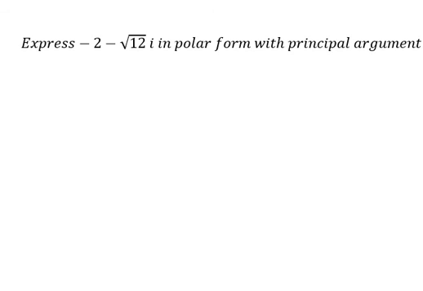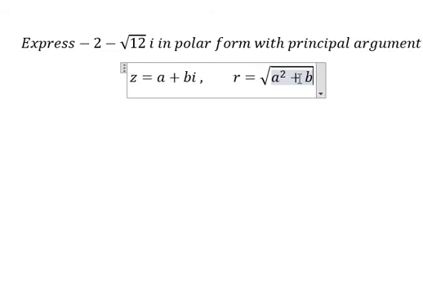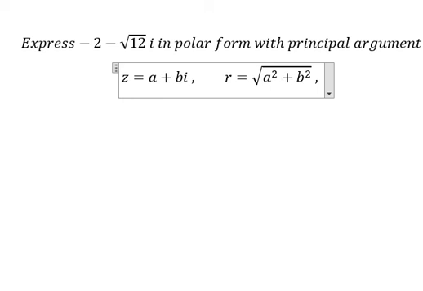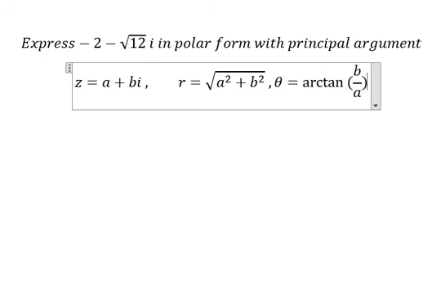So we have z equal to a plus bi, and now we need to find r equals the square root of a square plus b square, and theta that should be arctan of b over a.